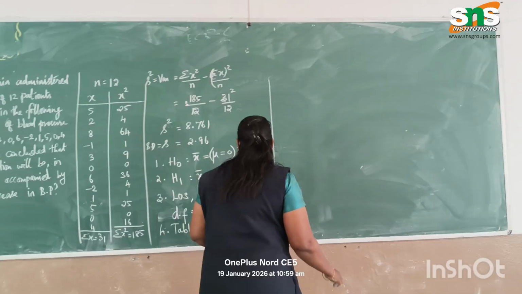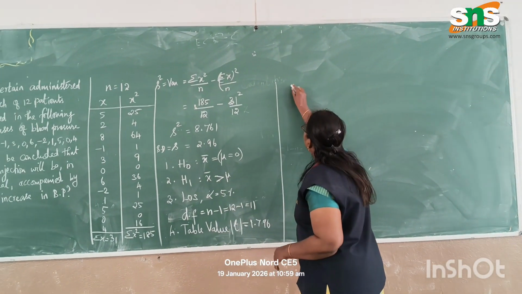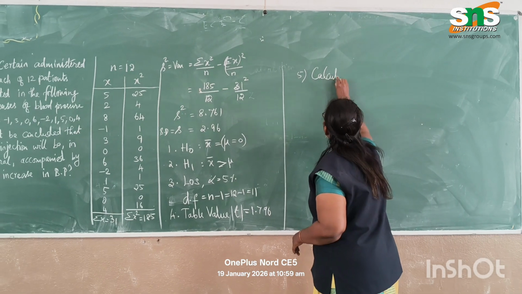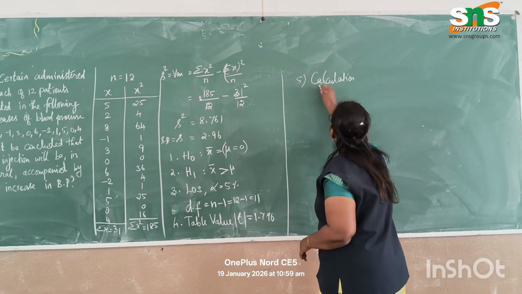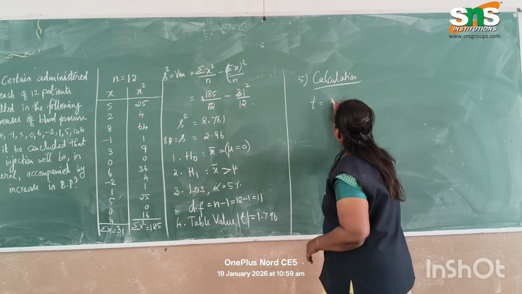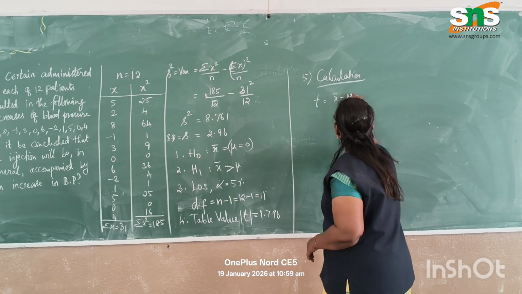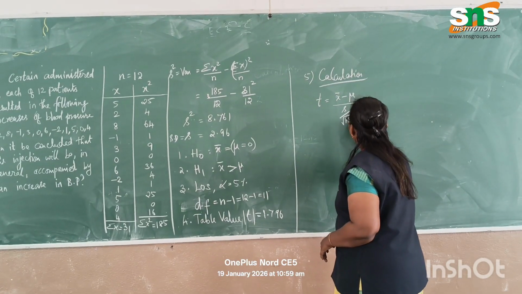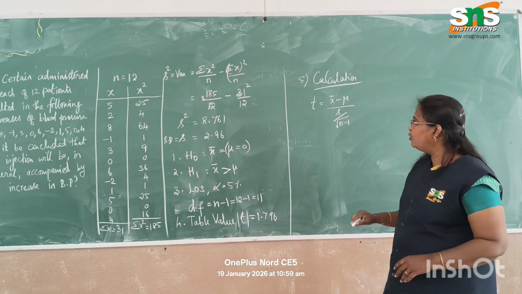After this, go for the calculation. Our calculation for the t test is x bar minus mu divided by s divided by root of n minus 1, which we want to write here.